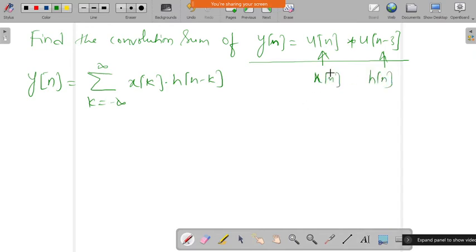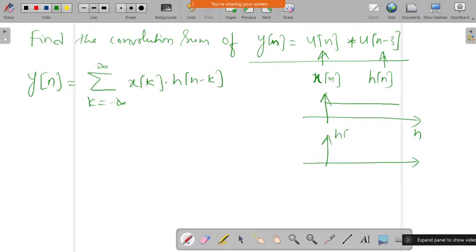Okay, so now I'll convert this x of n. First we need to know what is x of n. x of n is u of n. You can see here n is a variable, so this is your x of n. Now similarly h of n, we need to see the shifted version here.